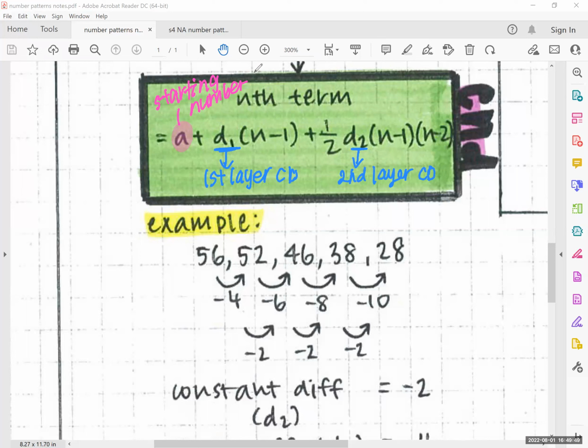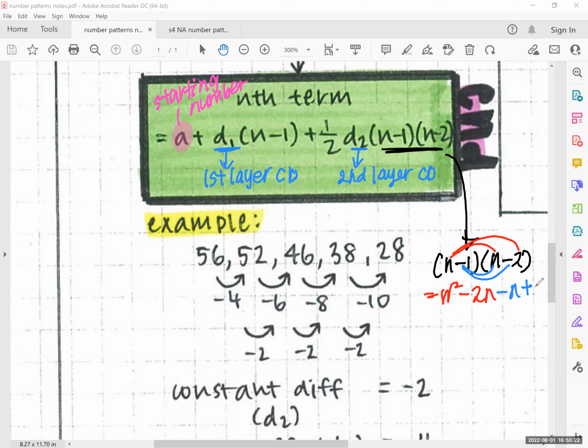Okay, let's say your algebra is not good, then you can memorize instead of n minus 1, n minus 2. Okay, I teach you the algebra. How do you expand this out? You do upper rainbow and lower rainbow. Upper rainbow, upper rainbow. N times n, n squared. N times 2, minus 2n. Lower rainbow, minus n. And lower rainbow, plus 2.